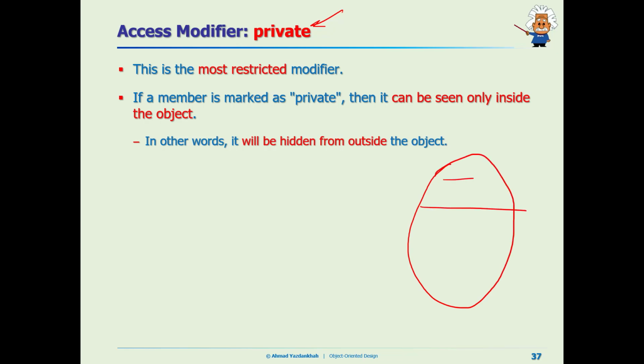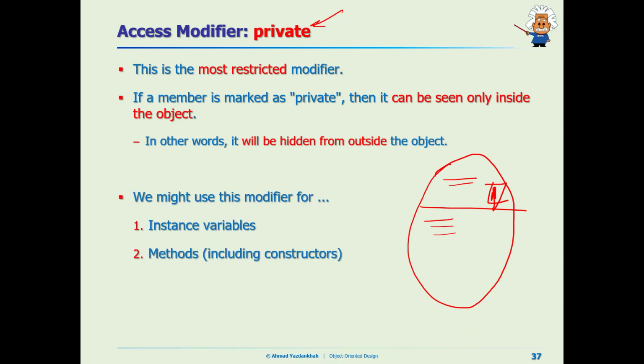So instance variables and methods, if they are private, can be seen only inside the same class. We can put private on instance variables and on methods, but we cannot put it on classes. All right. Let me get back to our demo and see what would happen.